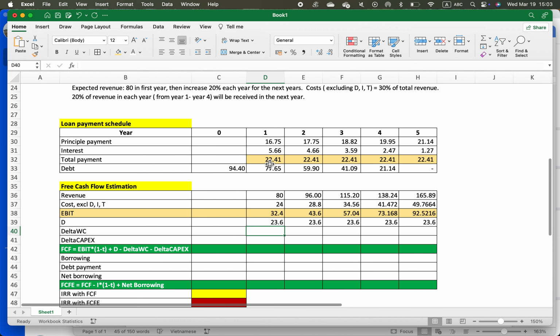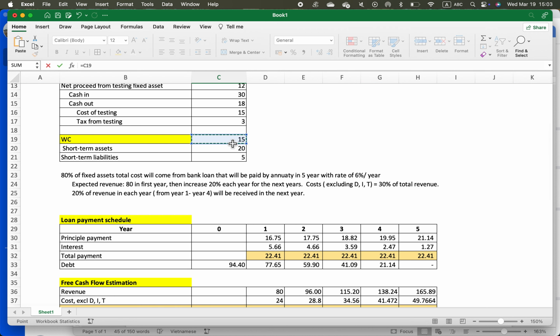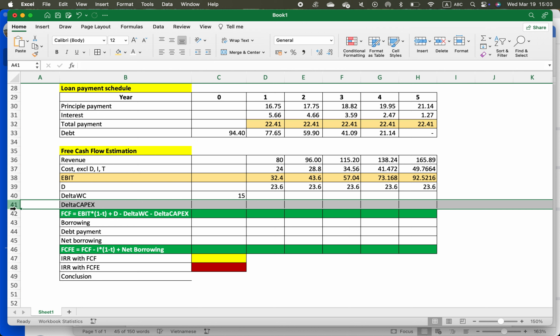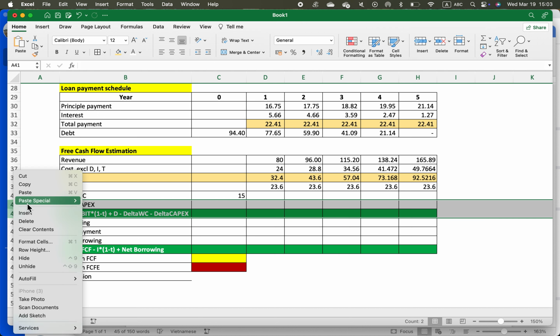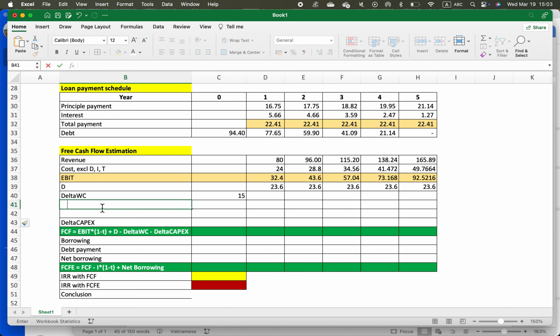Now we go to the next item, delta working capital. Delta working capital for year 0 is here. We have it already, right? For the next years, for the delta working capital, we need to have information on the increase of short-term or current assets.